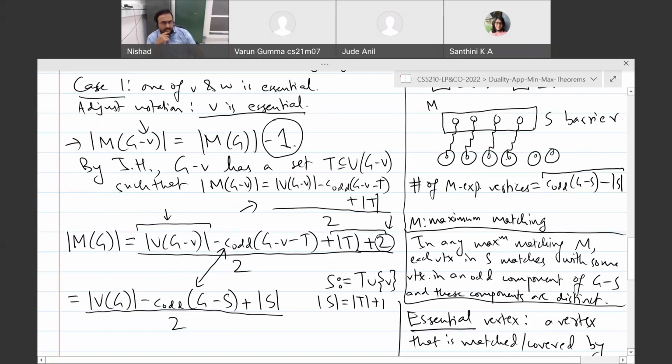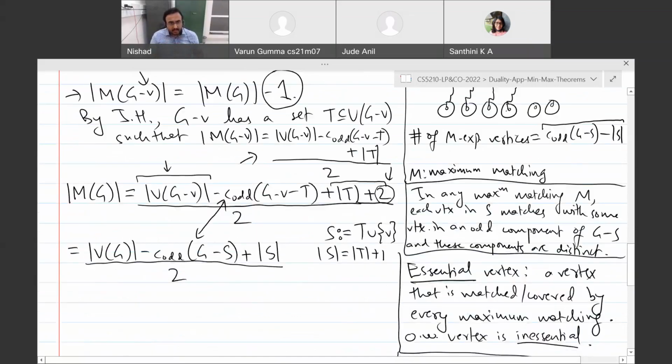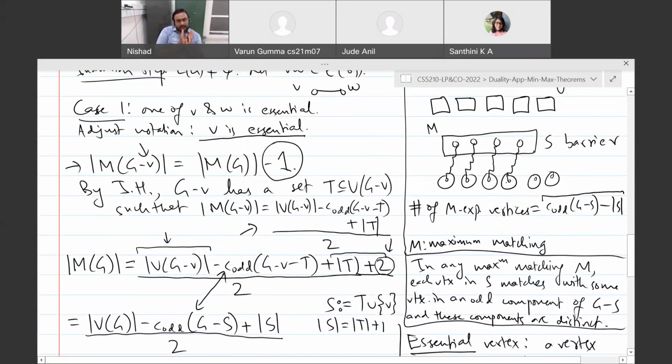The problem is, what happens if neither of these two vertices is essential? Are there any questions or concerns regarding this case?